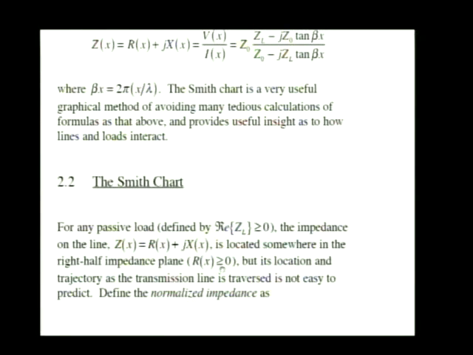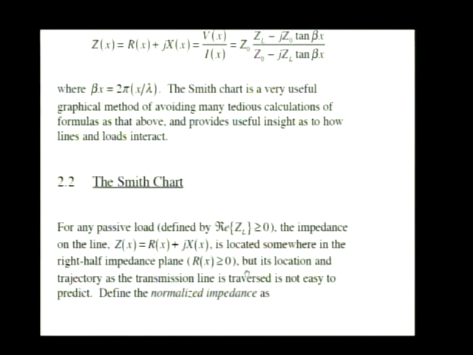That means that the impedance Z that you end up with, it's kind of a complicated function of Z sub L and location on the line and so on, but one thing is guaranteed. If Z sub L has a real part greater than 0, then Z is going to have a real part greater than 0 also. That is to say, this R value is going to also be greater than 0. But that's about all that you can say easily.